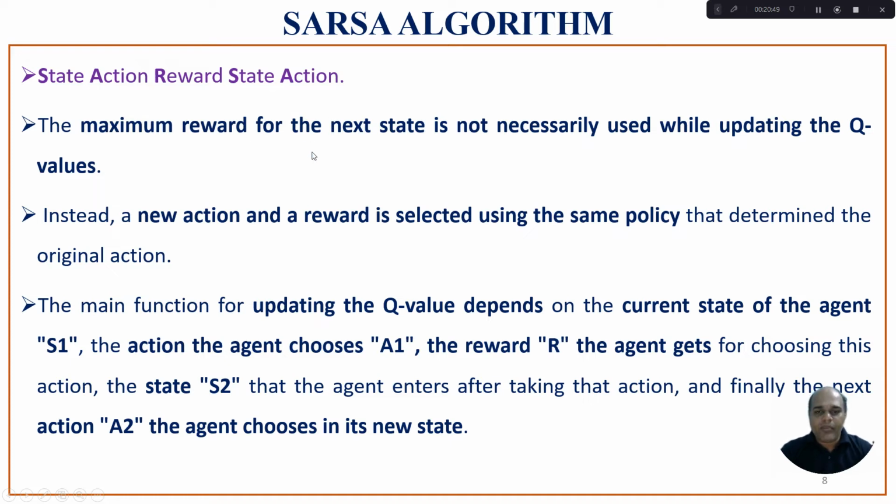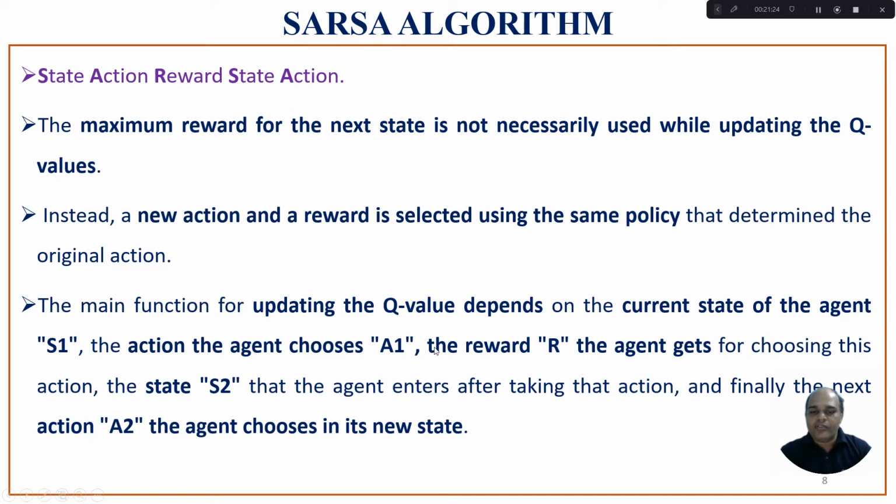So the maximum reward for the next state is not necessarily used while updating the Q values. It depends upon the action of your agent. So a new action and reward is selected using the same policy, right? So first we need to explore by using the Q learning technique. We get the Q table, then use that Q table for our SARSA algorithm.